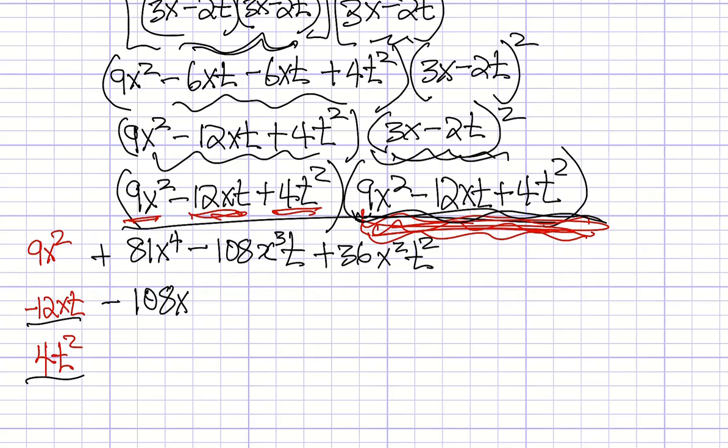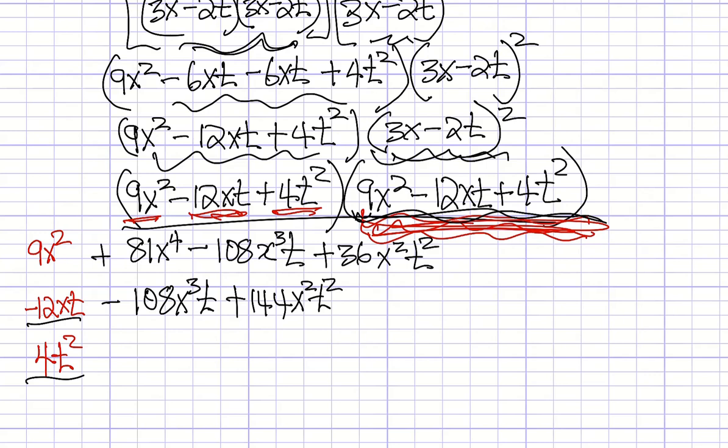And then x raised to the power 3, and then t. Then negative 12xt multiplied by negative 12xt. I think it's 144, right? It's going to turn everything into positive because two negatives are multiplying. 144. And now notice the variables, x raised to the power 2, t raised to the power 2.